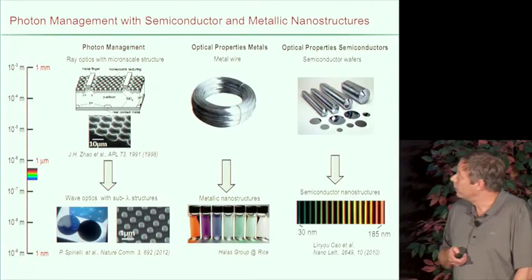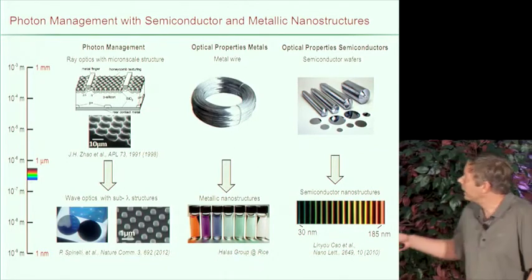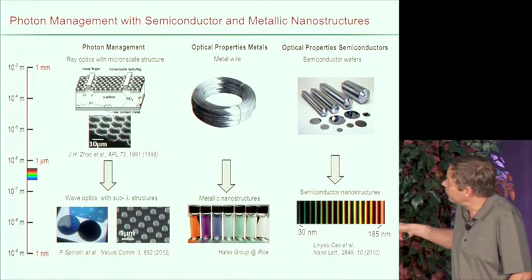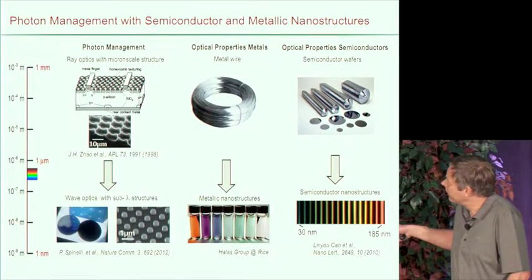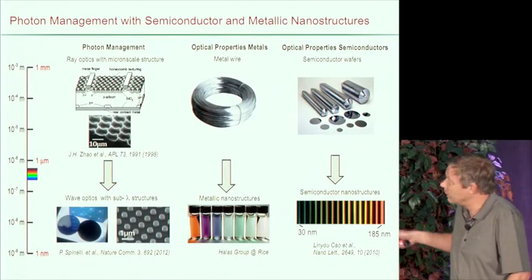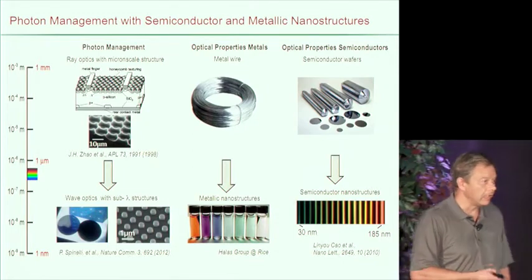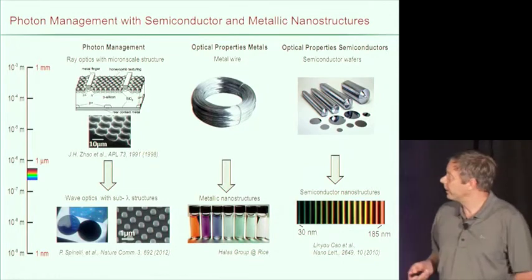Just to give you two commonly known examples of metals and semiconductors, when you buy a piece of metal wire or a mirror in the hardware store, or look at a silicon wafer, they look nice and shiny when polished, when they're big compared to the wavelength scale of light.